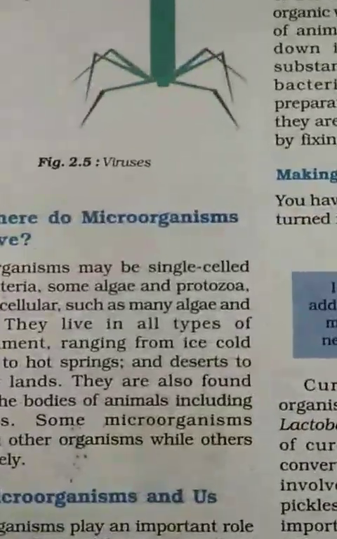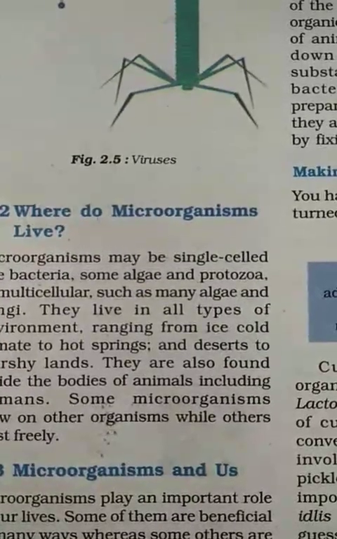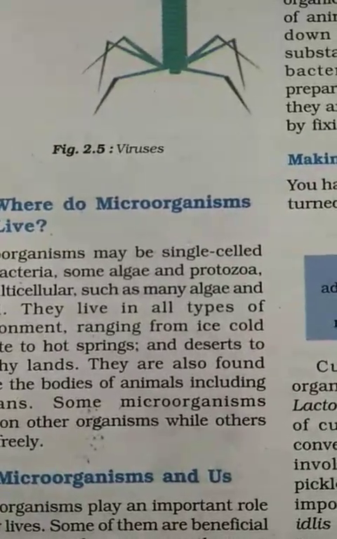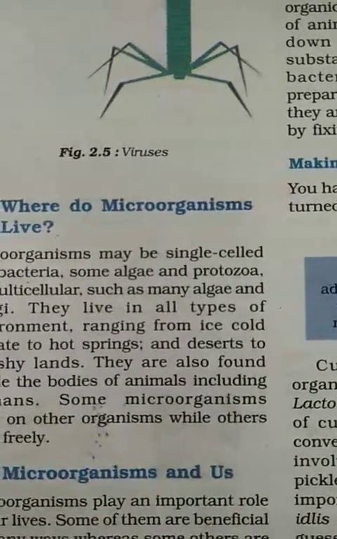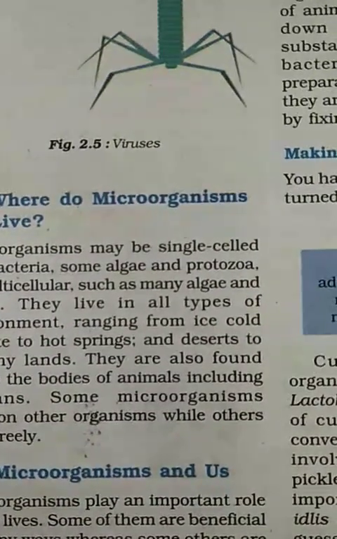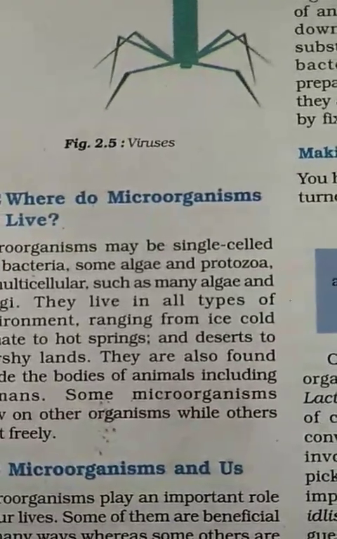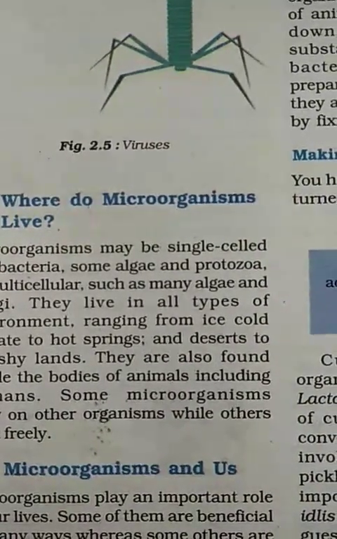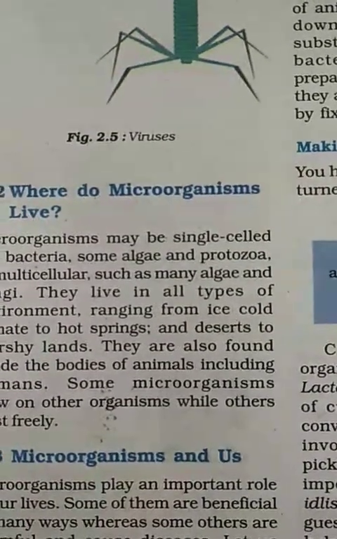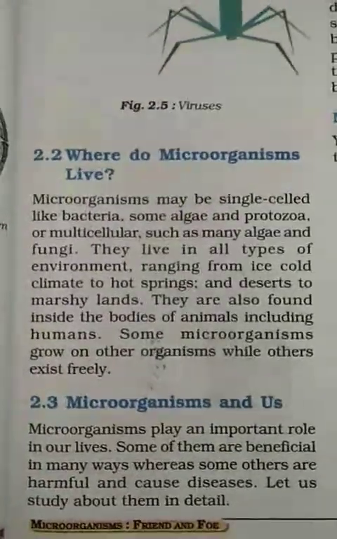Now next we will see where these microorganisms come from or where they live. Microorganisms may be single-celled like bacteria, some algae and protozoa, or they may be multicellular. Single cell means an organism with a single cell and multicell means an organism with multiple cells. They live in all types of environment, ranging from ice cold climate to hot springs.